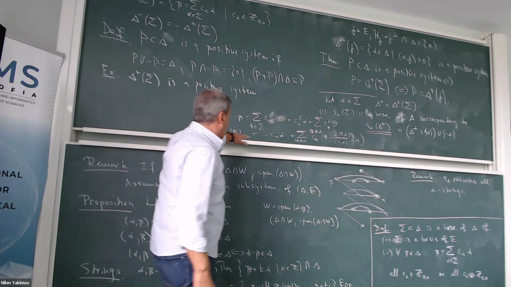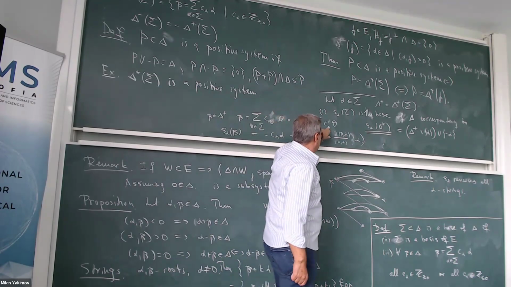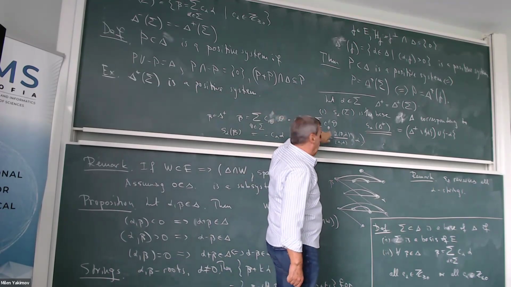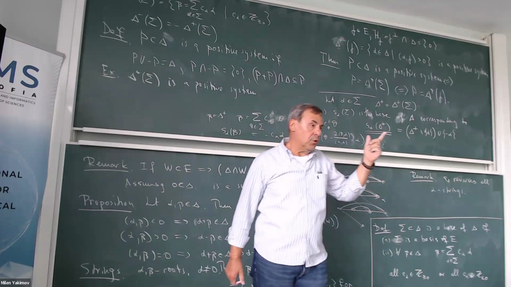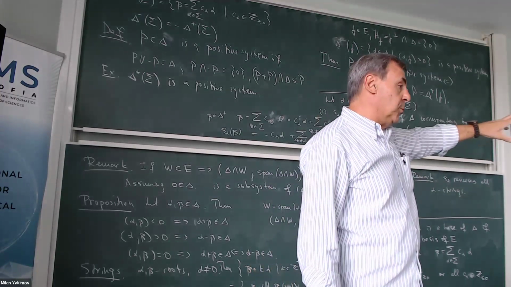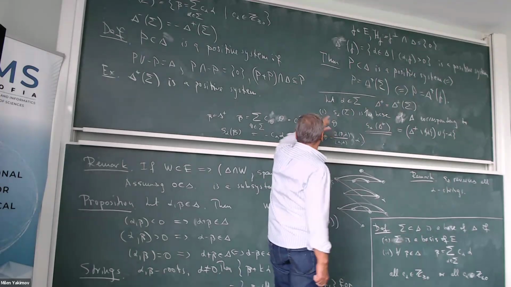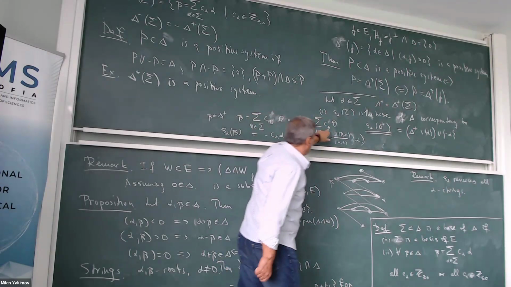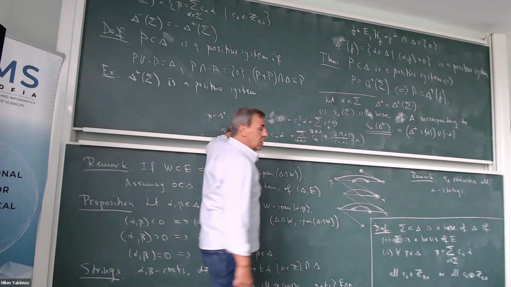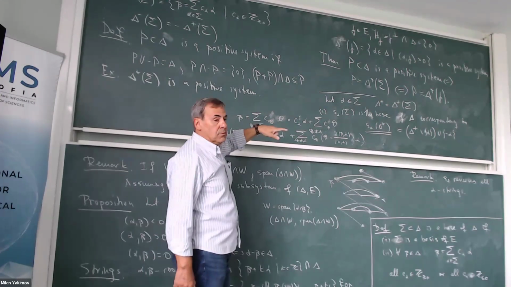And now, if I look at this, unless all C theta is 0, I'm going to have a positive coefficient here. If I have one positive coefficient, all coefficients must be positive. So if I had a positive coefficient, which means beta is not alpha, S alpha beta is still positive.